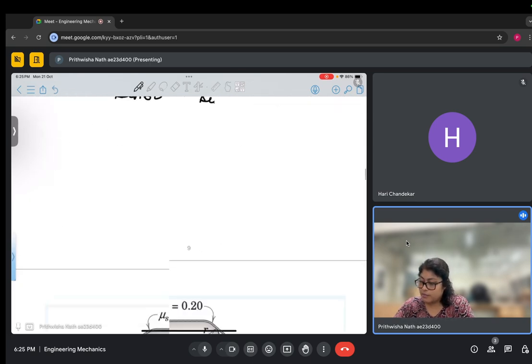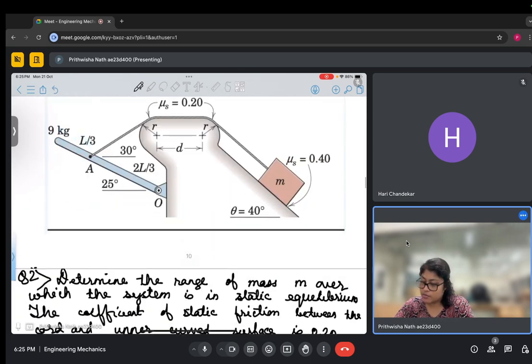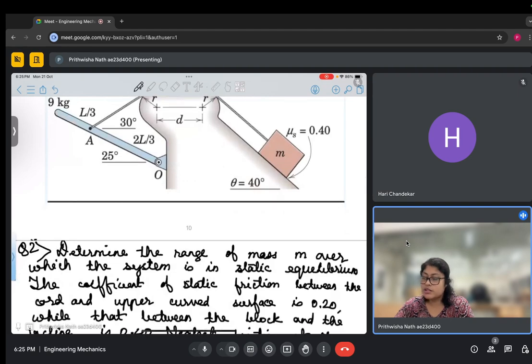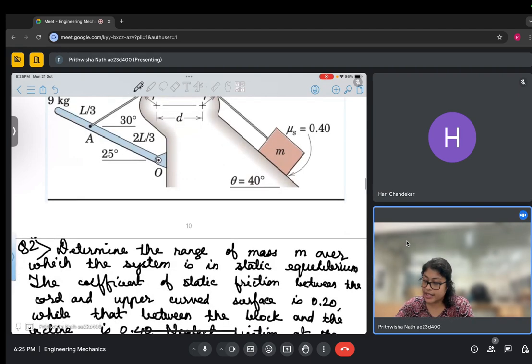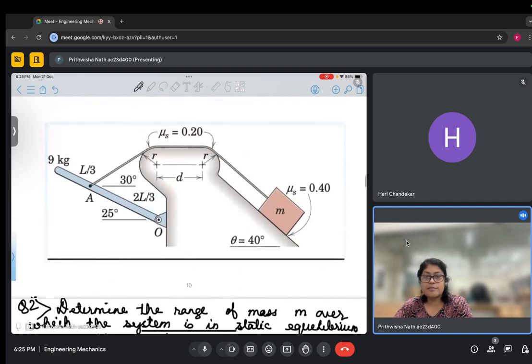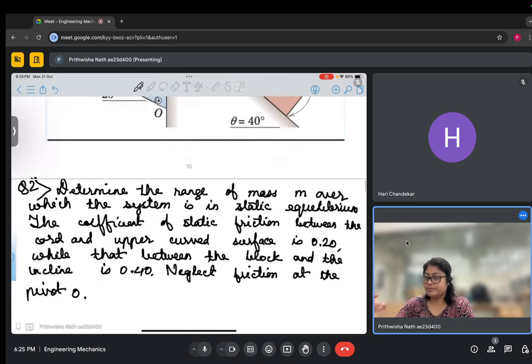In the next problem we had to find out the range of mass over which the system will be in static equilibrium. So this is the problem. You can read the question.